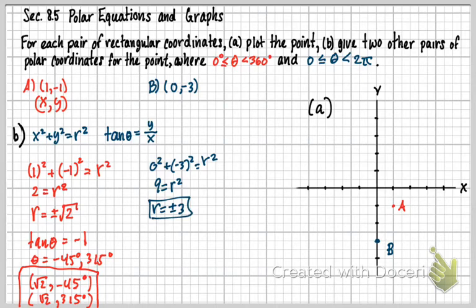So this is an interesting thing when you go to plug everything in here. And that's why I picked this one. That's going to be negative 3 over 0. What happens here? It's undefined. So this is where I have to just understand where I'm at on my rectangular coordinate system. And I see where the point's at, so it's easy enough for me to tell that it actually just goes all the way around to there.